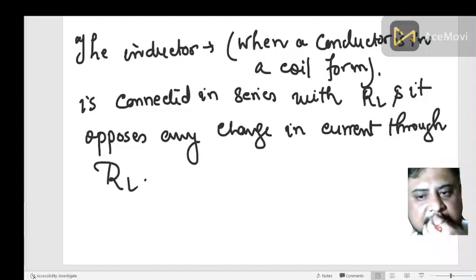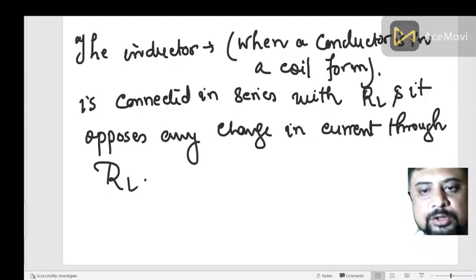Any change is opposed. So this is the basic action of a choke coil or an inductor filter. This is how it opposes the change in current.